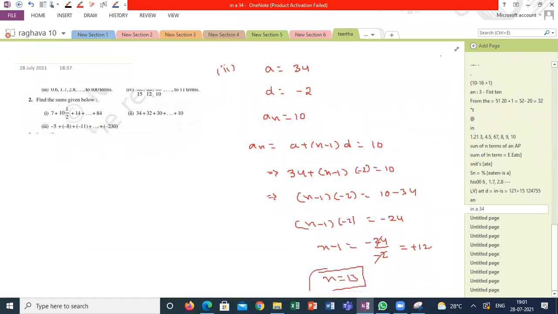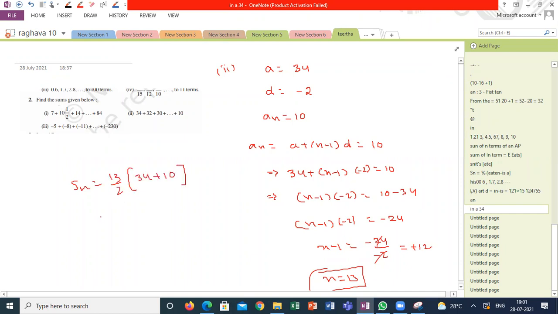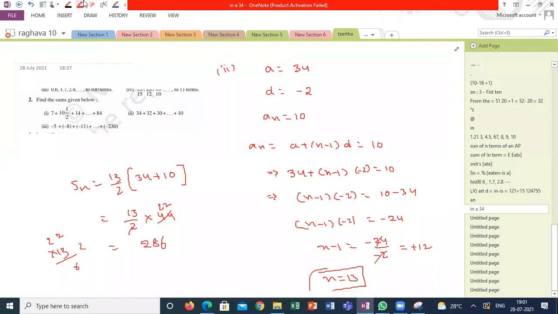If N is equal to 13, then S13 is 13 by 2 into 34 plus 10, first term plus last term. So 13 by 2 into 44. This is 22, so 13 into 22 is 286.